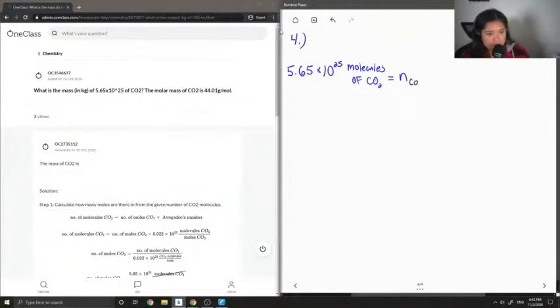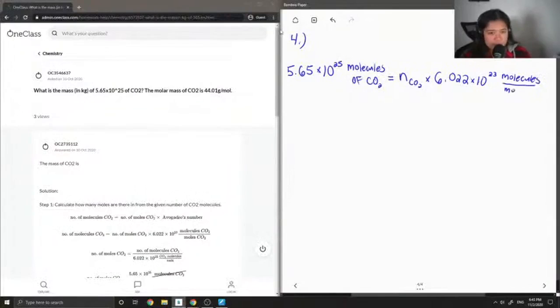Let me write out what this equation would look like. So Avogadro's number is a helpful way of trying to figure out how many molecules per mole that you have for a given substance.